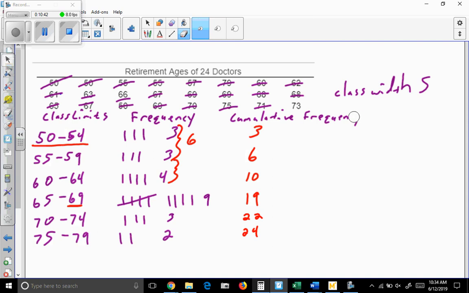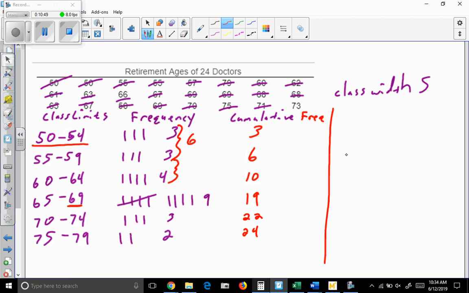Now this particular problem does not ask for the relative frequency, but we're going to go ahead and calculate it just for practice. The relative frequency is the frequency for a given class divided by the total number of points. There are a total of 24 points. So for the first class, it has 3 out of the 24 points.